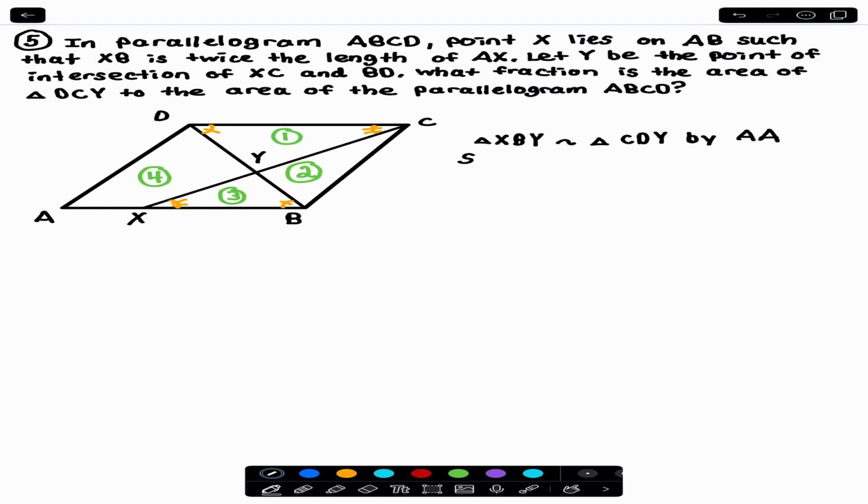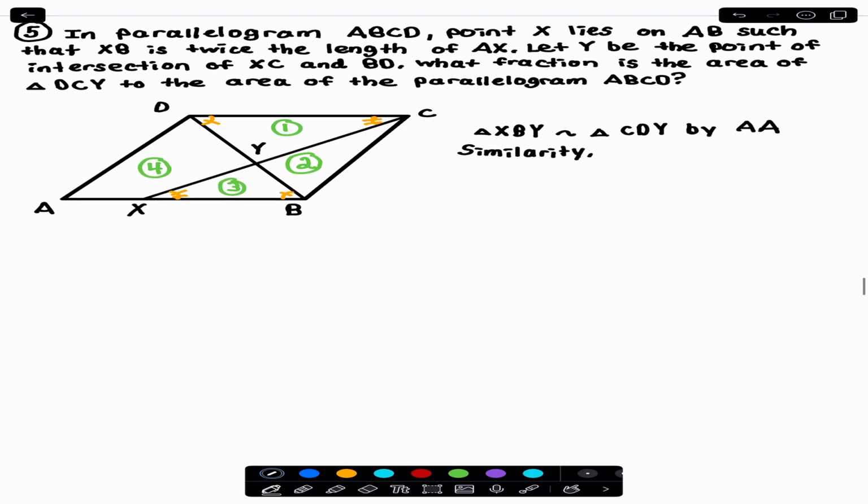Angle-angle, so that's AA similarity. And I'm talking about these 2. And remember, when we write out the similarity relationship for 2 triangles, we always need to stay organized with the order in which we write our letters. That's going to be very important.